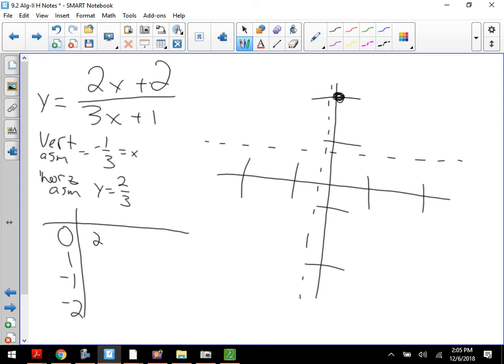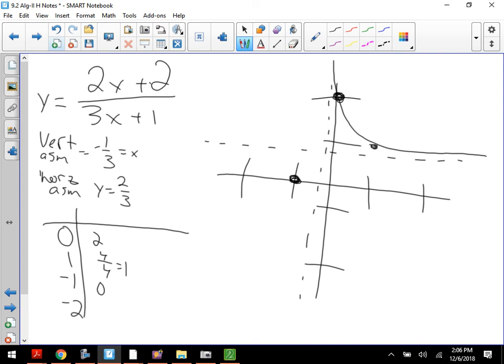At 2. What's 2 times 1? 2. 2 plus 2. 3 times 1. 3 plus 1. 4 divided by 4. There's enough info here then to do this. Use -1. You get -2 plus 2, which is 0. So at -1, it's going to have to equal 0 because the numerator is 0.